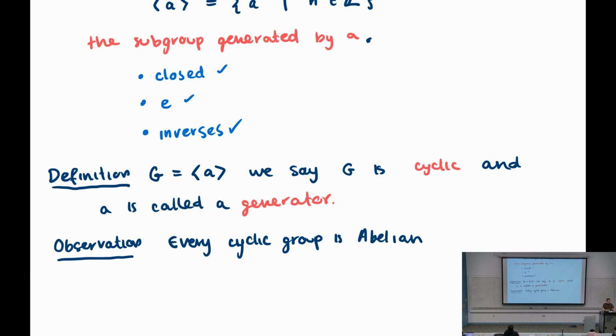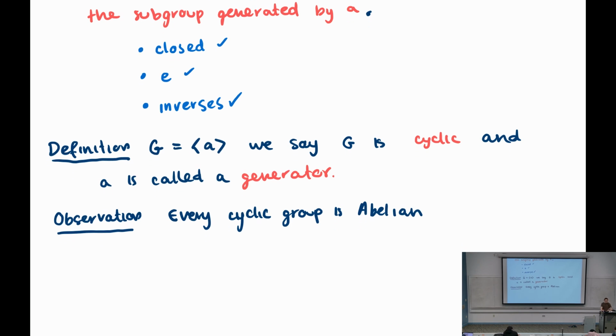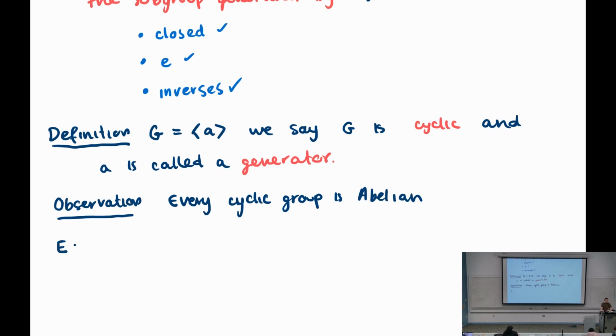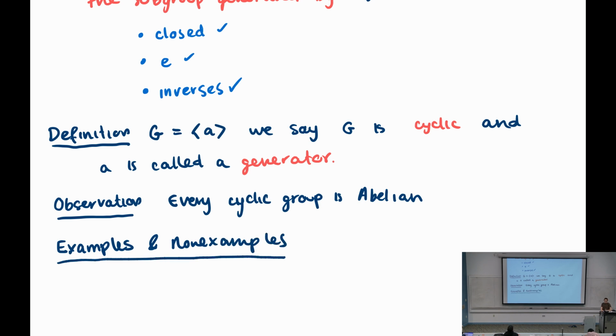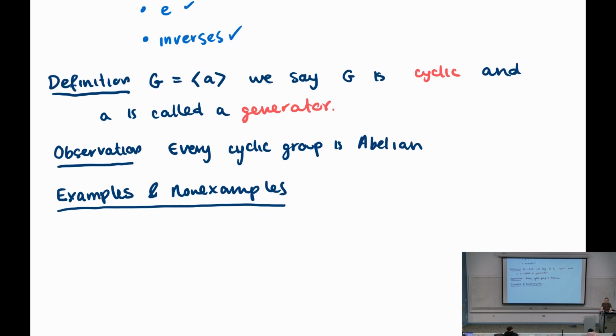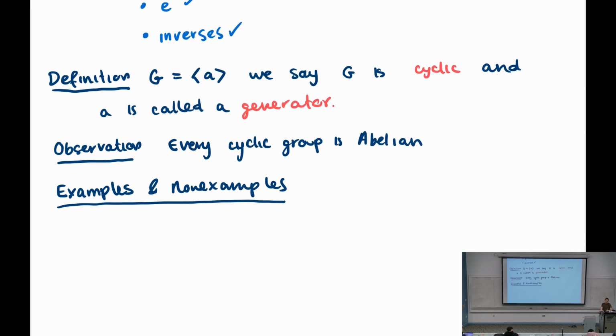Okay, so every cyclic group is abelian, and I'm going to give you a few minutes to think of some examples and non-examples. And then we'll make a list of groups we know and whether or not they are cyclic.